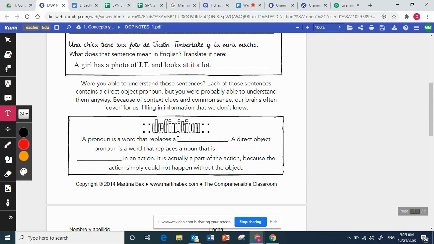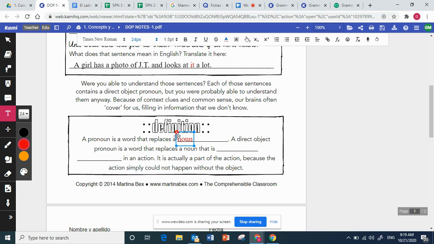A pronoun is a word that replaces a noun in a sentence. That's a person, place, or thing. It replaces something.